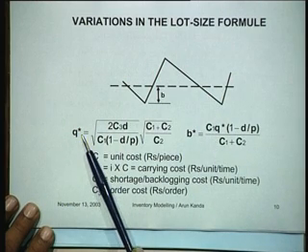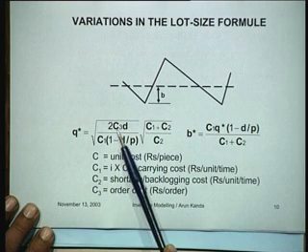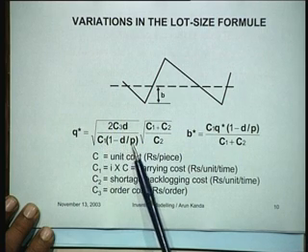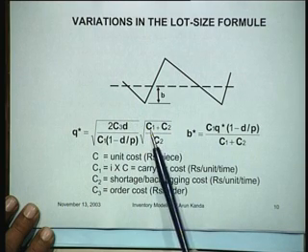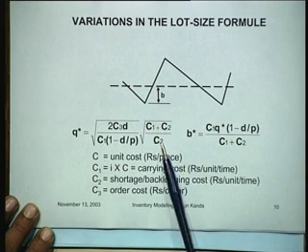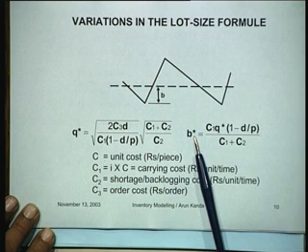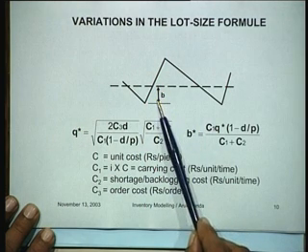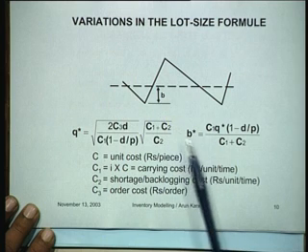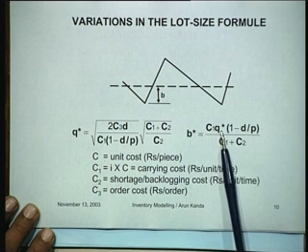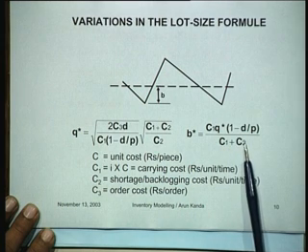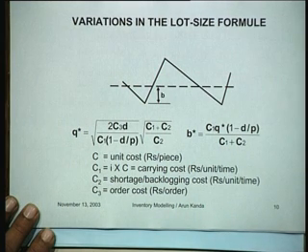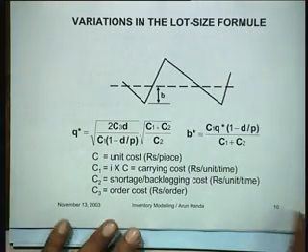The formula for Q star, which is the optimum production quantity, is given by the square root of 2C3D divided by C1 into 1 minus D by P, multiplied with the square root of C1 plus C2 divided by C2. And B star, which is the optimum quantity to which you should allow the back orders to accumulate, is governed by C1 Q star into 1 minus D by P divided by C1 plus C2. So this would be the kind of formula that you would have for a situation like this.